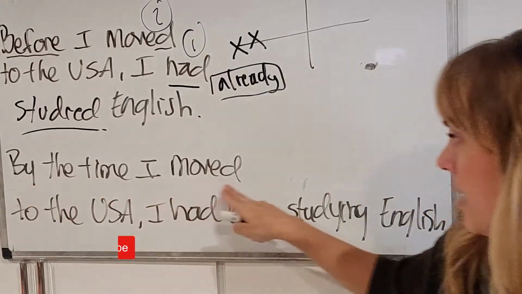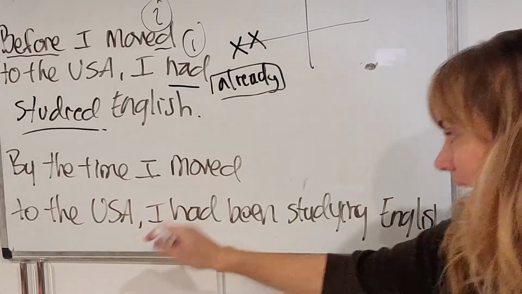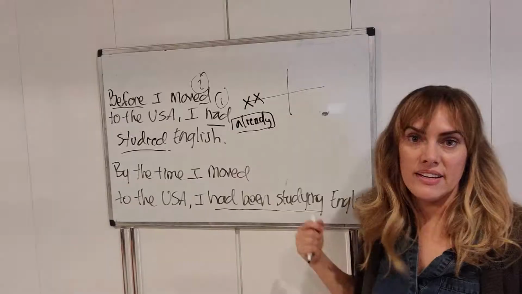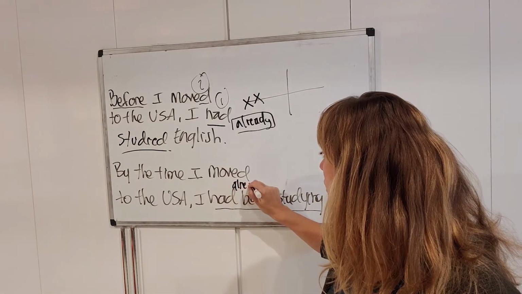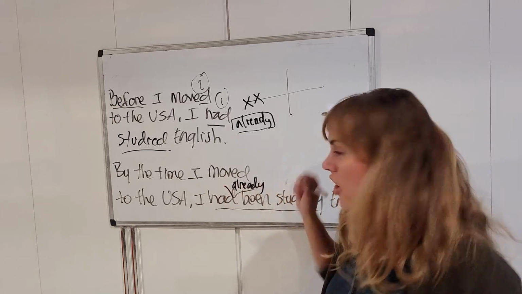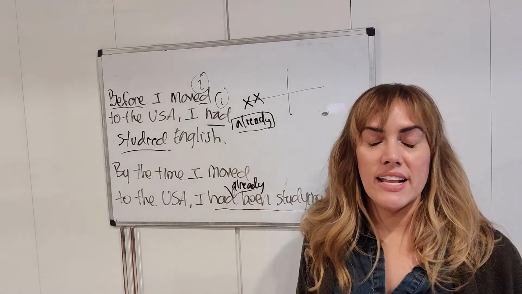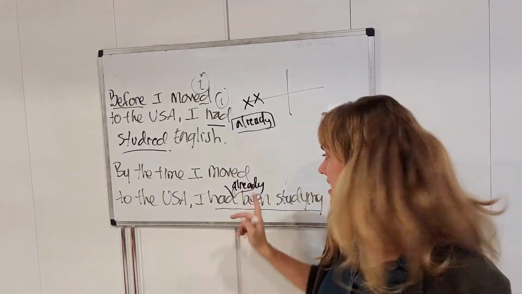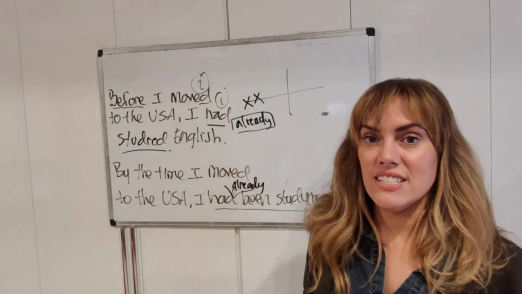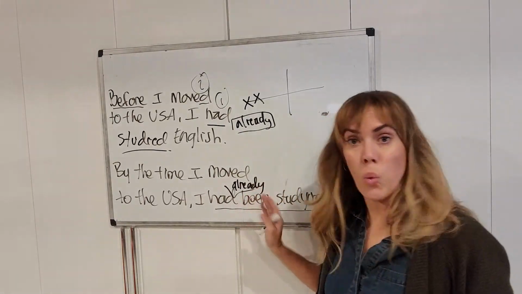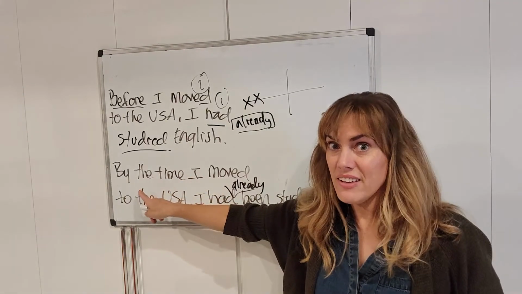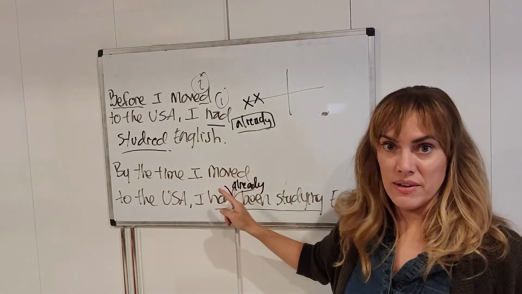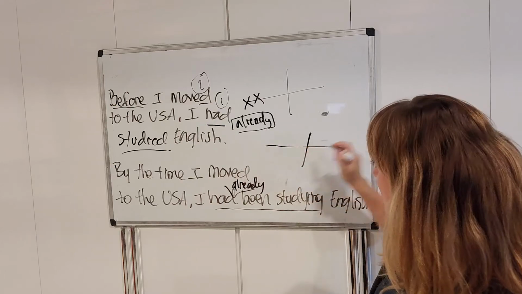Here, by the time I moved to the USA, I had been studying English, or I had already been studying English. That word emphasizes that this thing was already in progress before, by the time this thing happened.